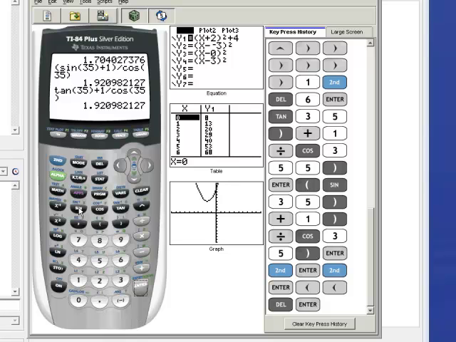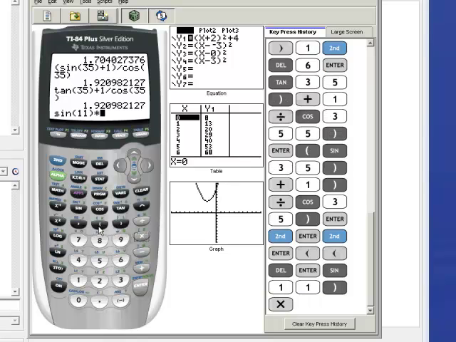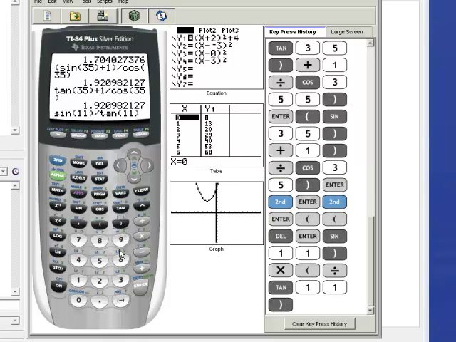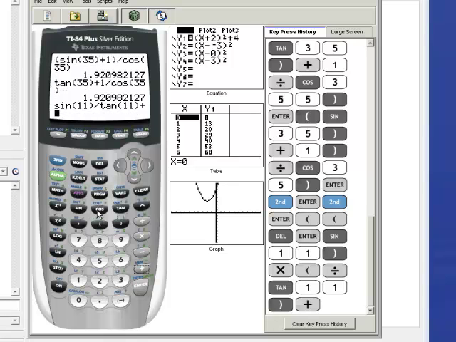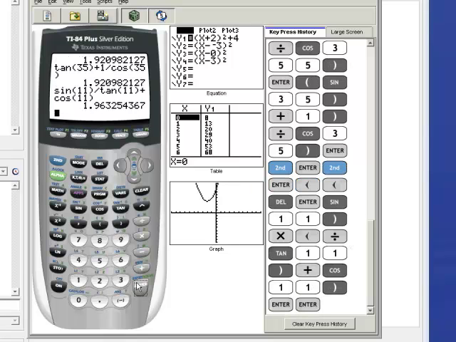Okay, a couple more. It says sine of 11 degrees times cotangent of 11, in which case I'm just going to divide by the tangent, because it's the same as multiplying with the cotangent, so tangent 11, plus cosine 11, and we come up with 1.96.